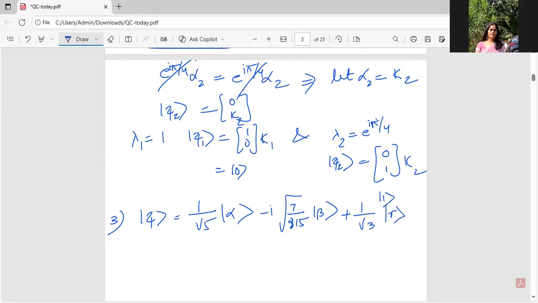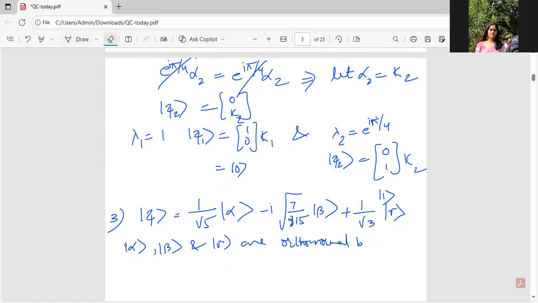What is being given to you as a small piece of information is that ket alpha, ket beta and ket gamma are orthonormal. They form orthonormal bases. That means what?